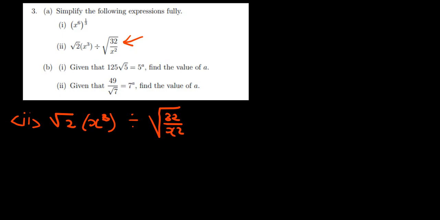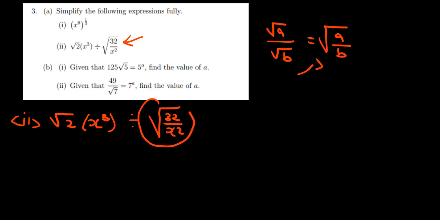Remember we said that if we had a surd, root of a divided by root of b, this would become the square root of a over b. So we're going to use this rule to separate these.